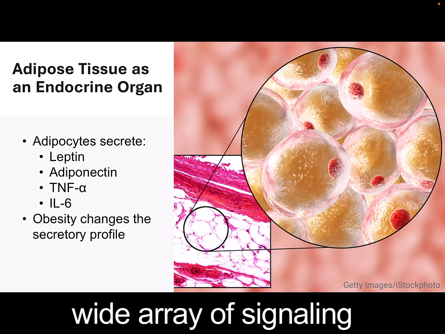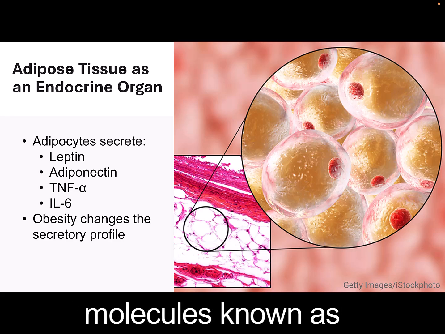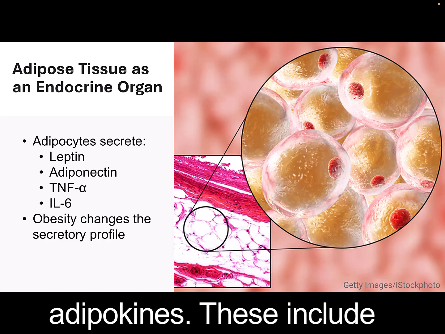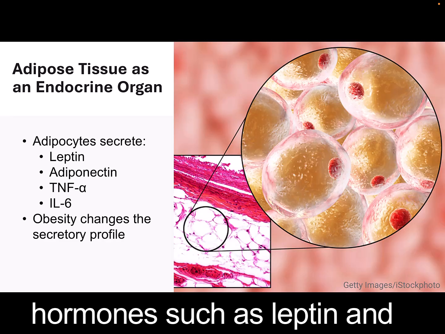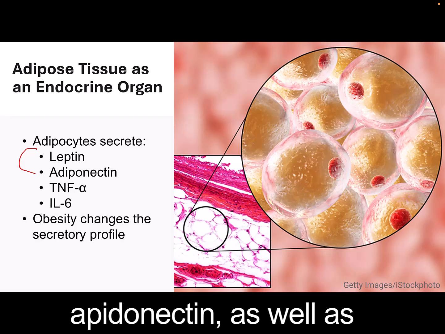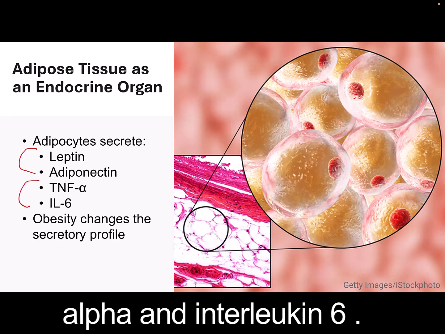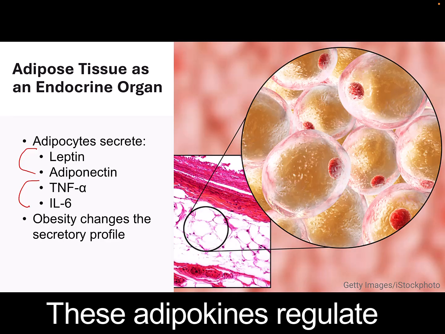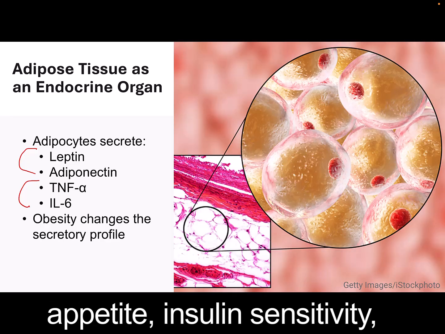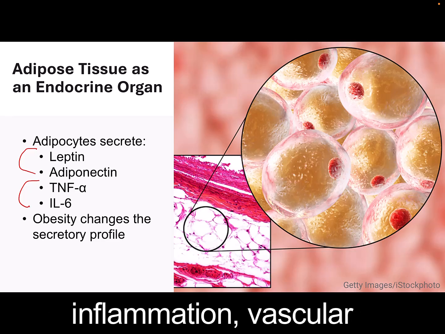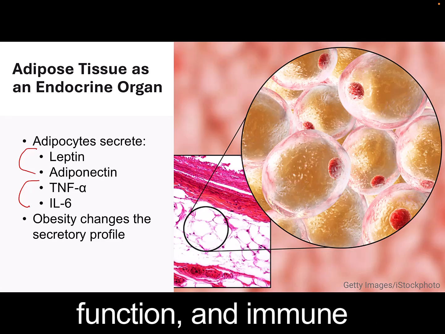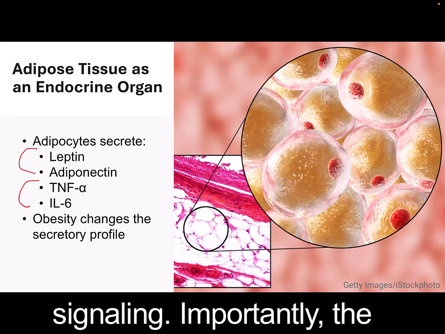Adipocytes secrete a wide array of signaling molecules known as adipokines. These include hormones such as leptin and adiponectin, as well as inflammatory mediators such as tumor necrosis factor alpha and interleukin 6. These adipokines regulate appetite, insulin sensitivity, inflammation, vascular function, and immune signaling.